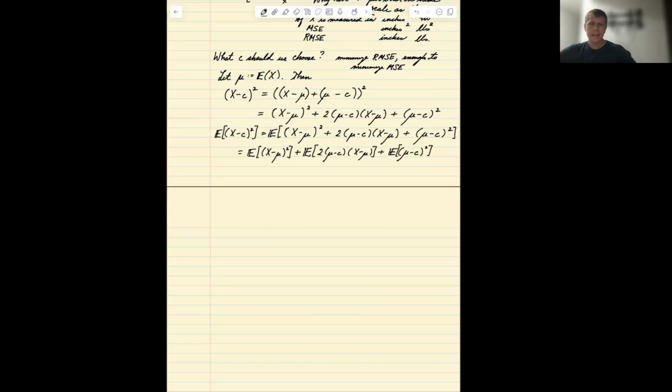The expectation of these 3 terms is the sum of their expectations. Okay. Copy down the first term again.